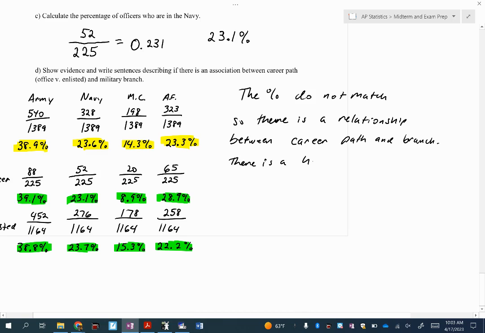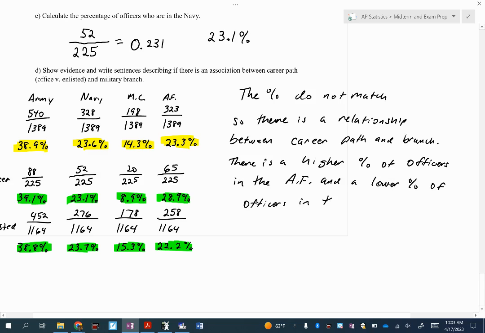There is a higher percentage of officers in the Air Force and a lower percentage of officers in the Marine Corps.